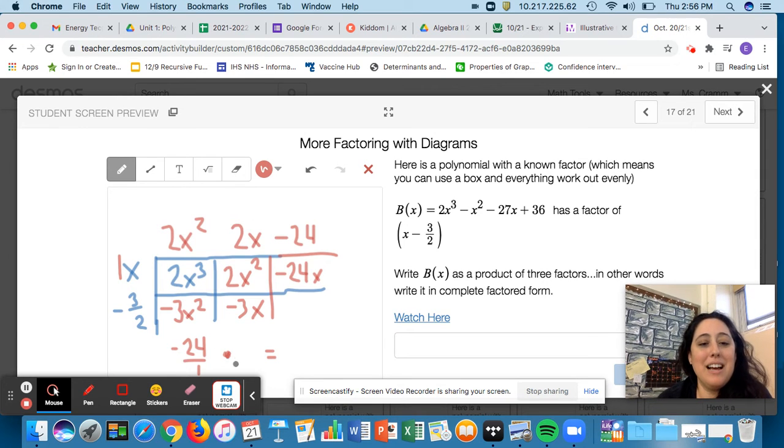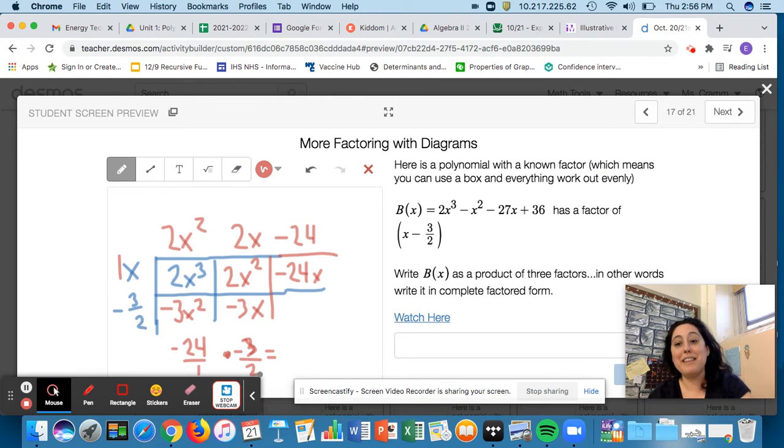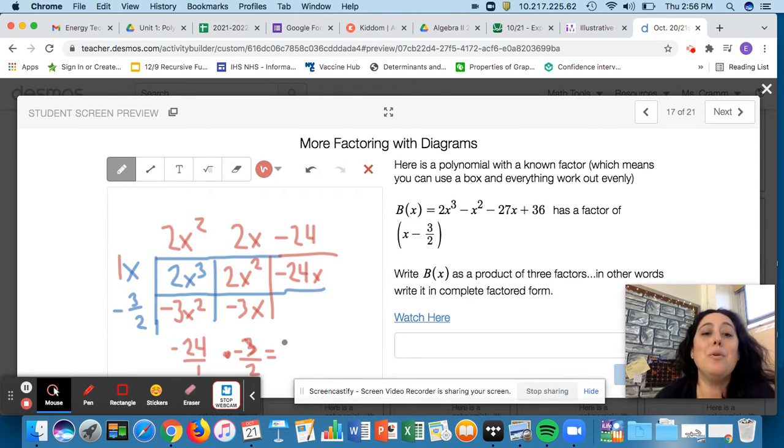Negative 24 times negative 3 halves. I don't know why this is being such a butthead. I've double checked, I do mean a negative 24, so I'm going to have a positive answer here.